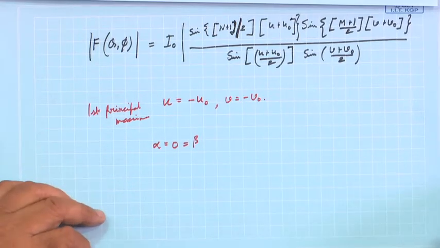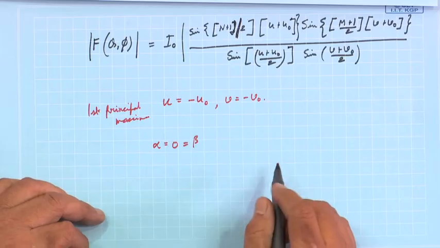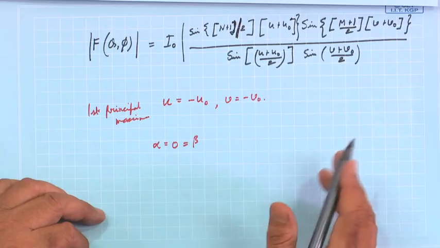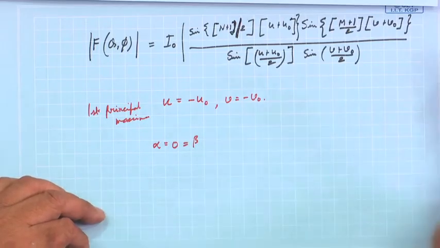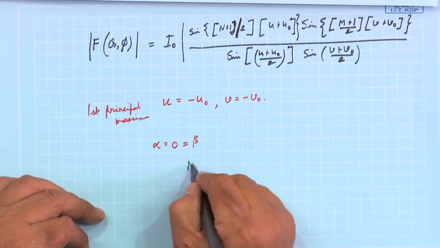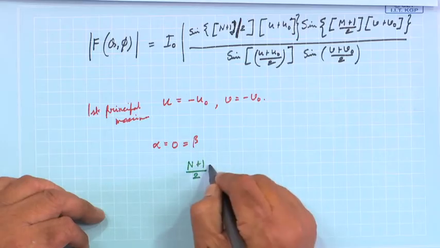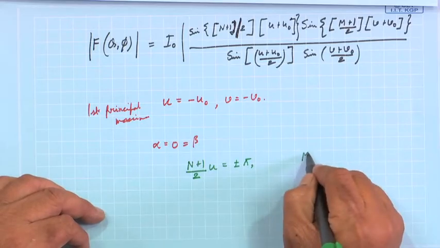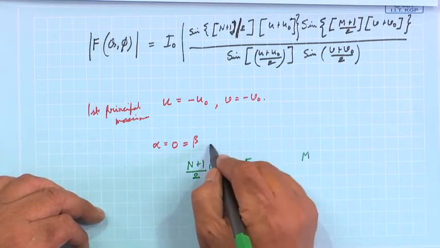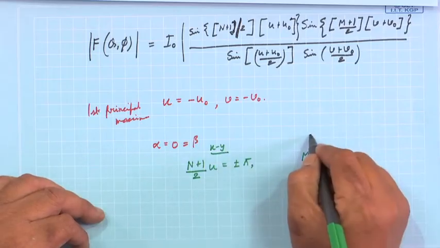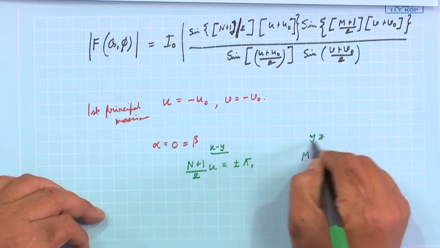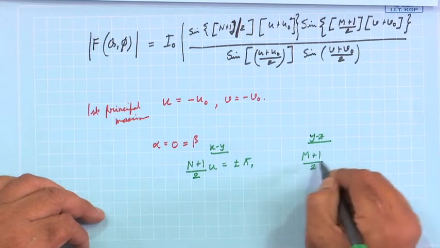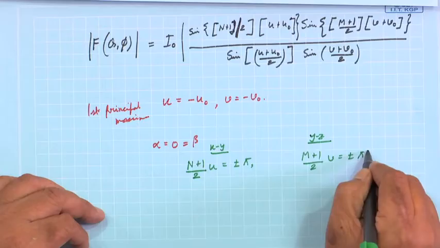In the case of a broadside array, the angular width of the lobe in the x y and y z planes is obtained by setting (n plus 1) by 2 times u equal to plus minus pi, and so this is in the x y plane, and in the y z plane (m plus 1) by 2 times v equal to plus minus pi.